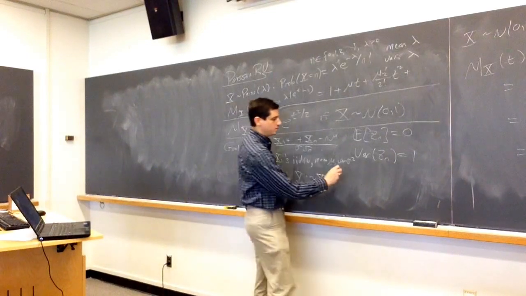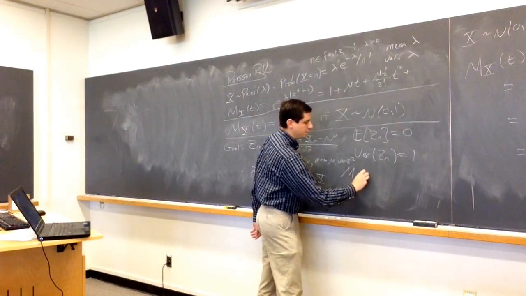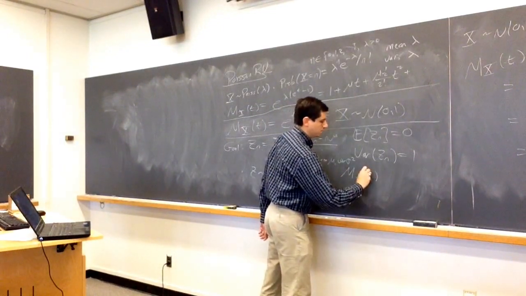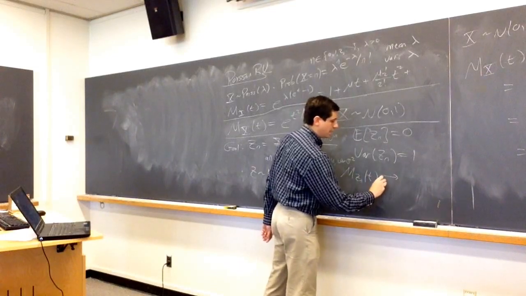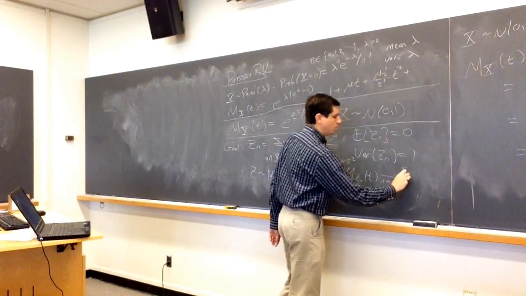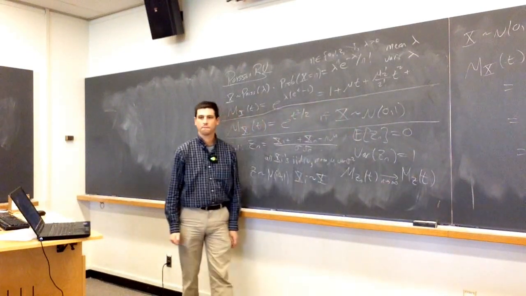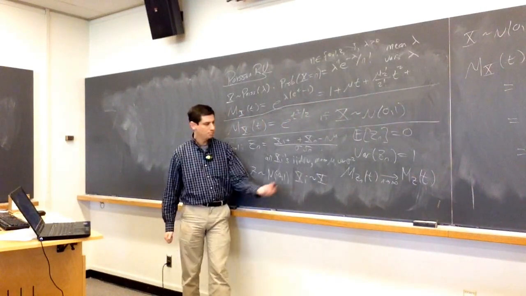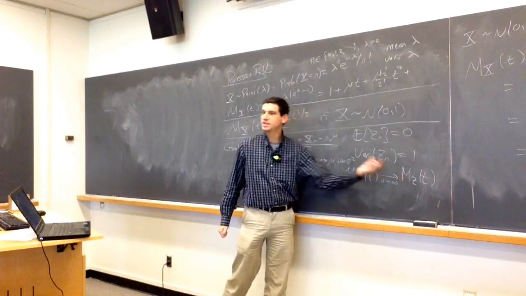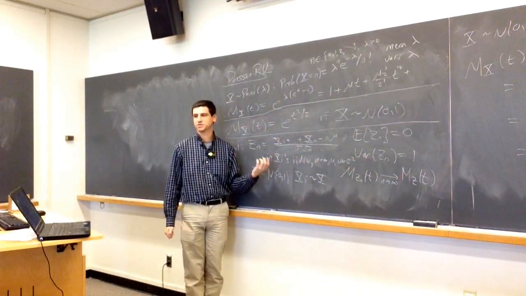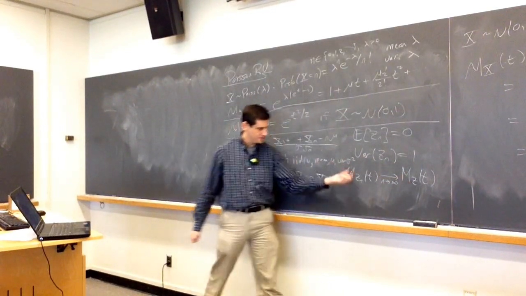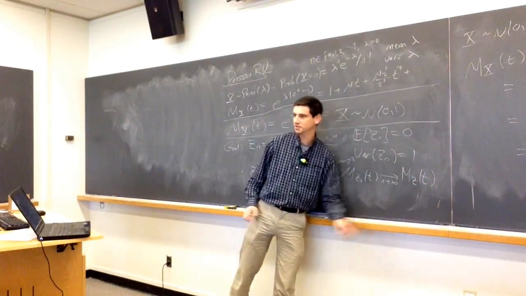And the goal is to show that the moment generating function of Zn of t goes, as n goes to infinity, to the moment generating function of z of t. And if the moment generating functions converge, then the hope is that the original densities must converge, that the density of Zn converges to the density of z.